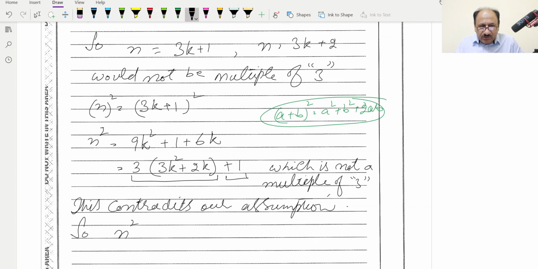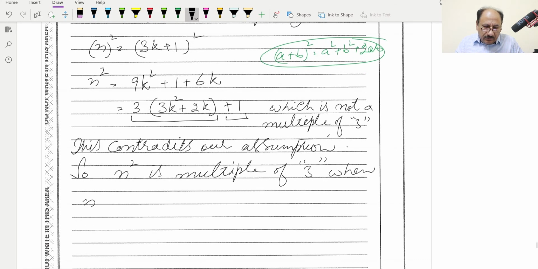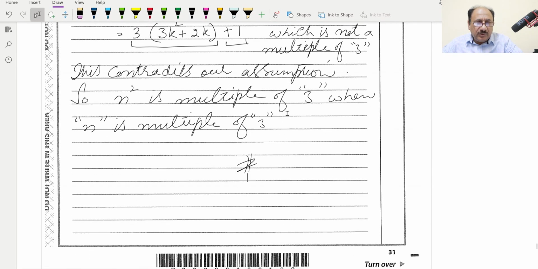It means if n square is a multiple of 3, then n is a multiple of 3. This is done, and we are done with the paper.